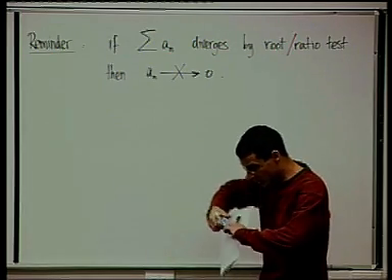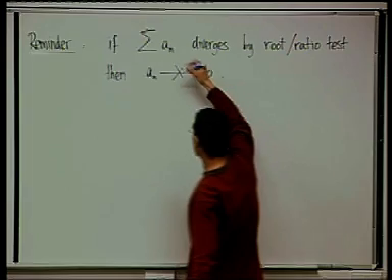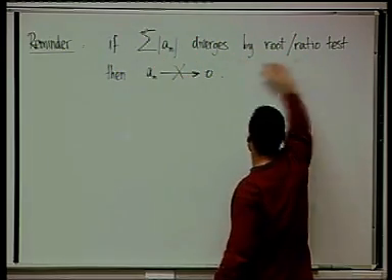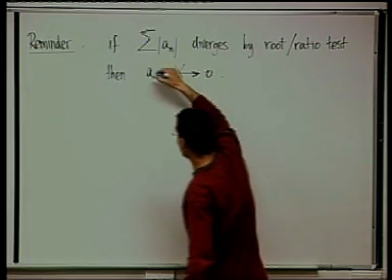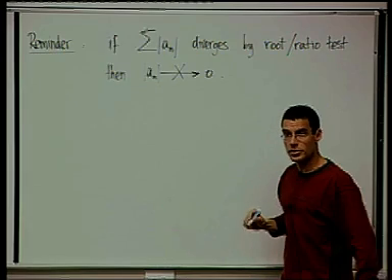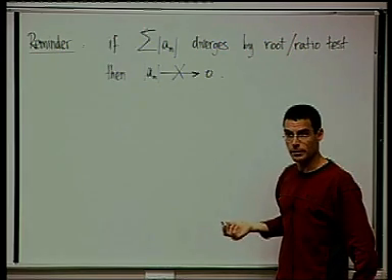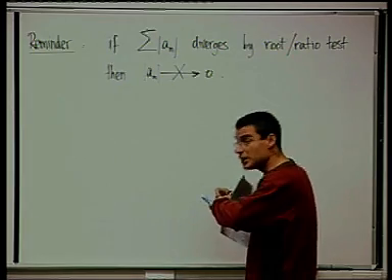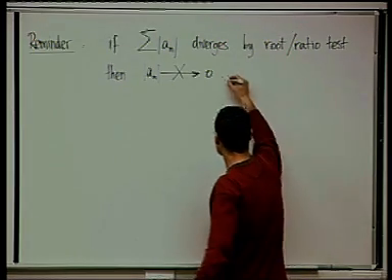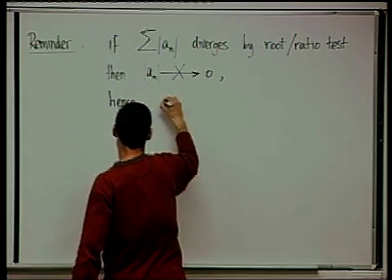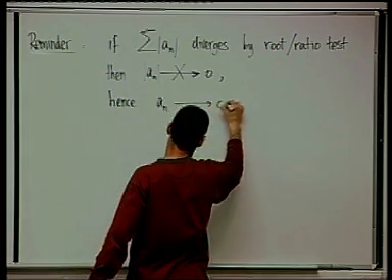So in particular, if this diverges by the root or ratio test, then this doesn't go to 0. Do you agree? But if a sequence in absolute value doesn't go to 0, hence a_n itself doesn't go to 0.